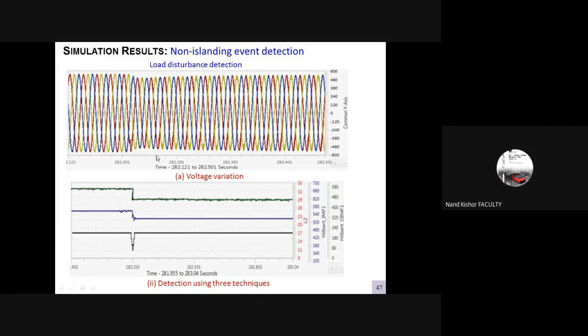As you can see, the moment the load disturbance was applied, with these three techniques we are able to detect the instant of some disturbance, which is of non-islanding type.